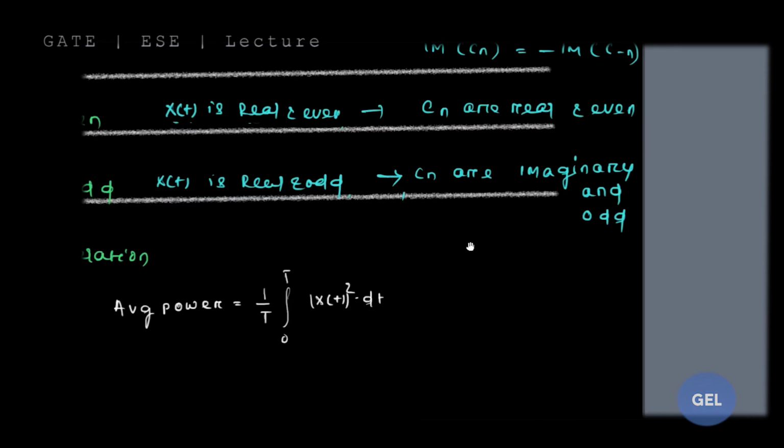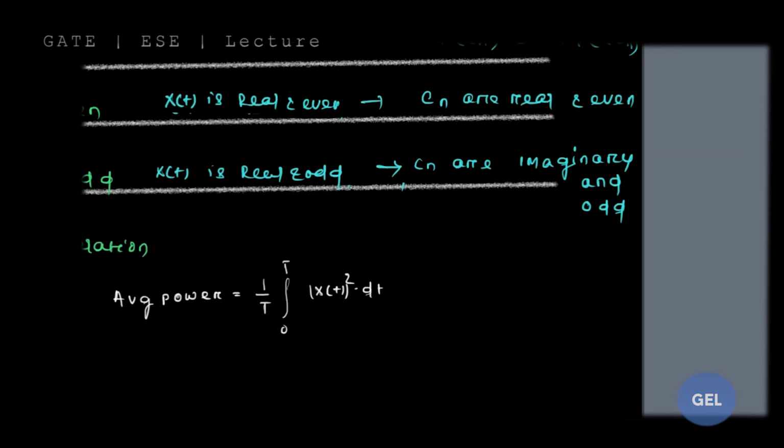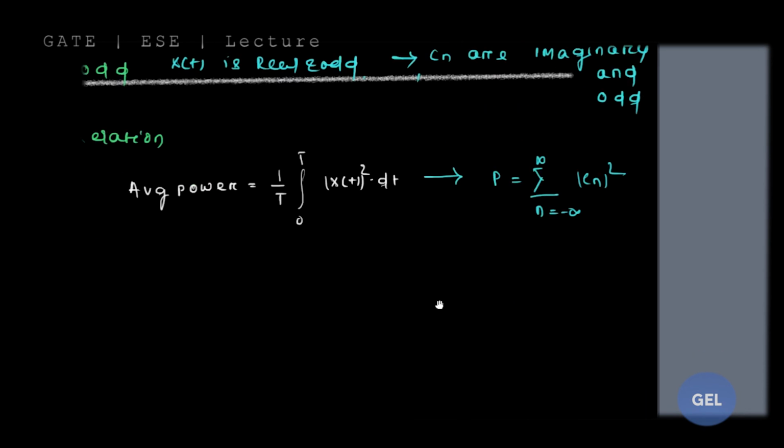P in terms of Fourier series coefficients will be, look here carefully, the power will be summation n tends to minus infinity to infinity of mod Cn squared. Is that simple? That's it.